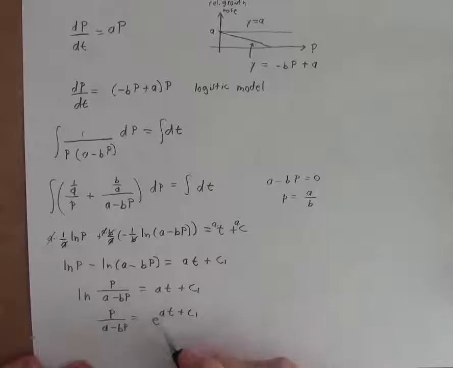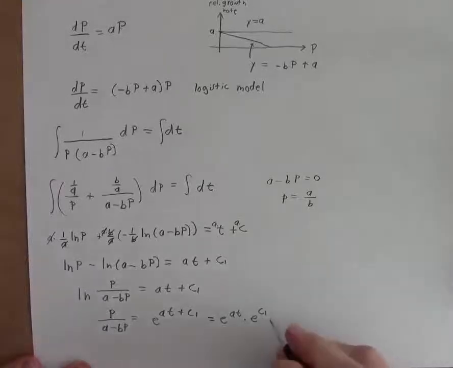And this can simplify a little bit. So this is e to the power at multiplied by e to the power c1. Well, e to the power c1 is just another constant. So let's replace that with a single letter. Let's call it capital A. So that's equal to capital A multiplied by e to the power at.